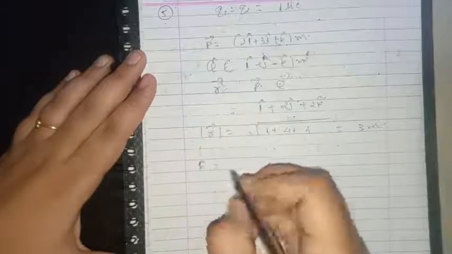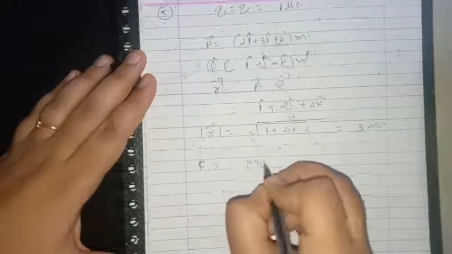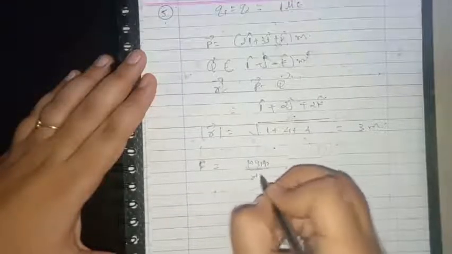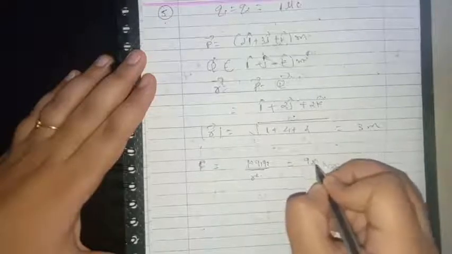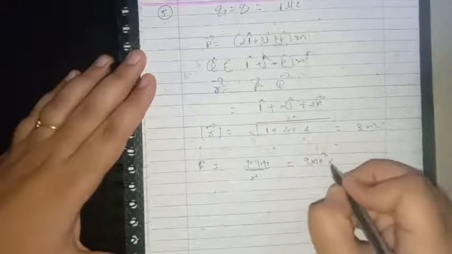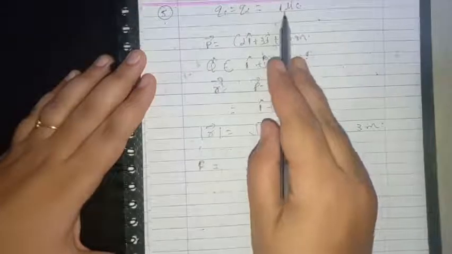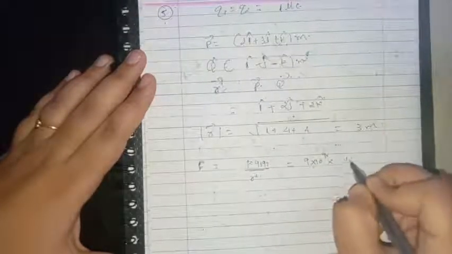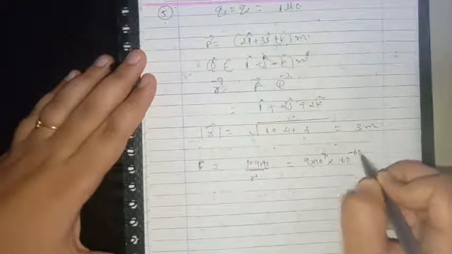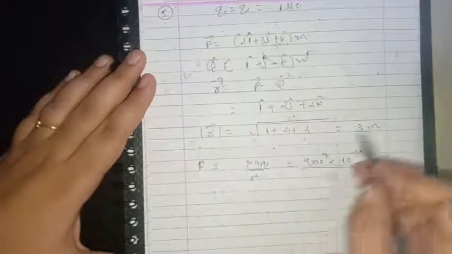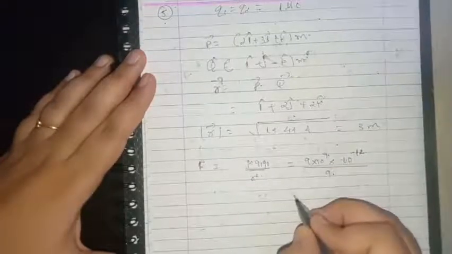So force will be K Q1 Q2 upon R square. Value of K is 9 into 10 power 9. Q1 and Q2 both are 1 microcoulomb, so that will be 10 power minus 12 coulomb square divided by R square, that is 9.